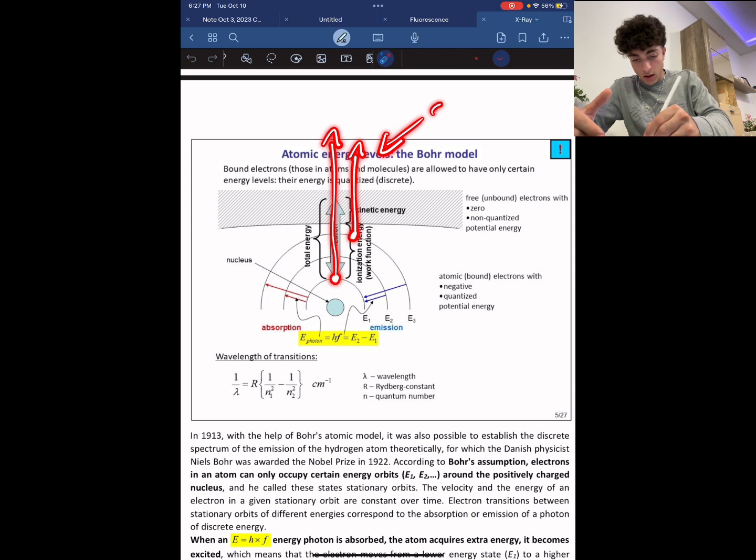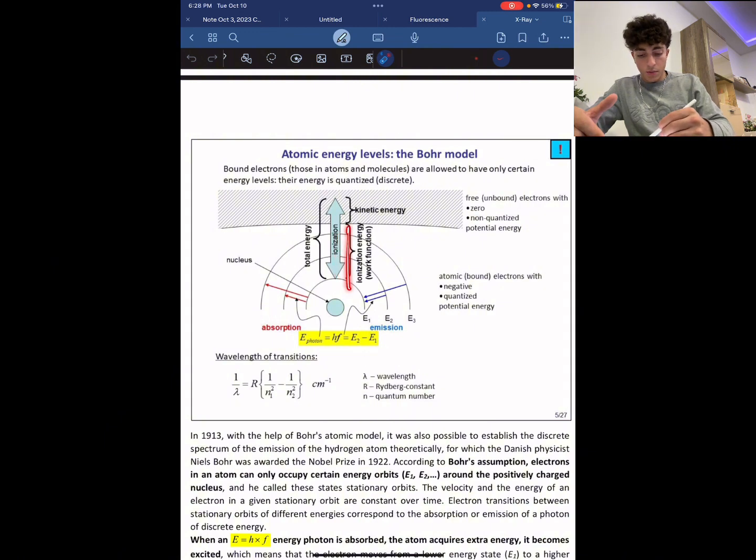Comparing these two lines. Now, how do we find the energy of this photon if, for example, it's coming down? It's E2 minus E1. Very simple. So imagine this E2 here is, for example, 4 joules, and E1 is 2 joules. Then you just subtract them from each other, which gives us the amount of energy.